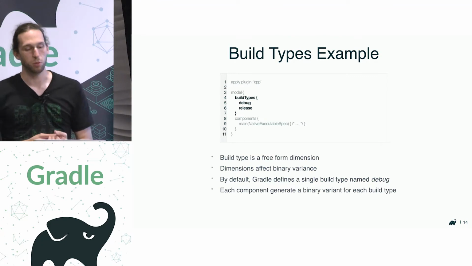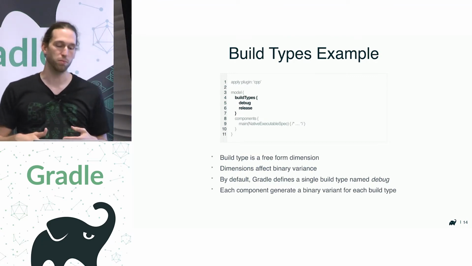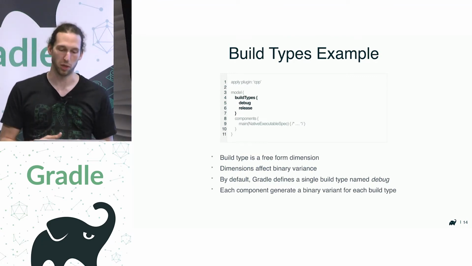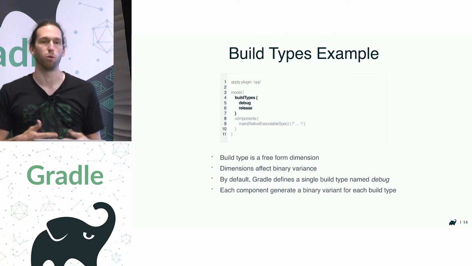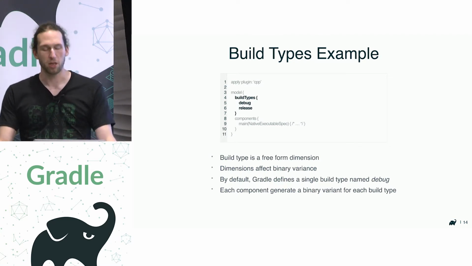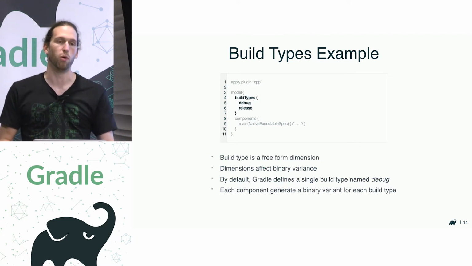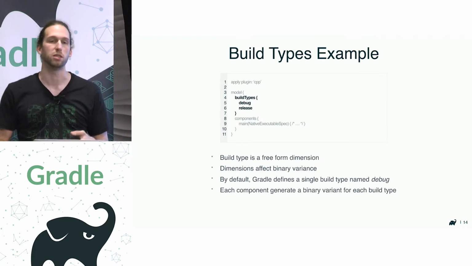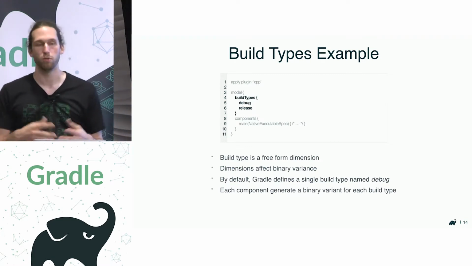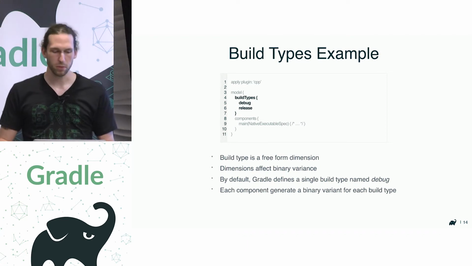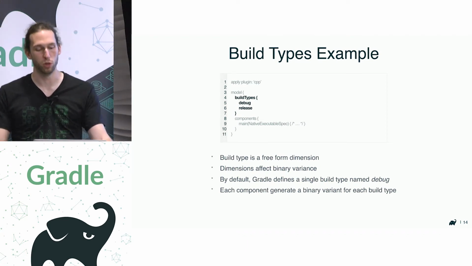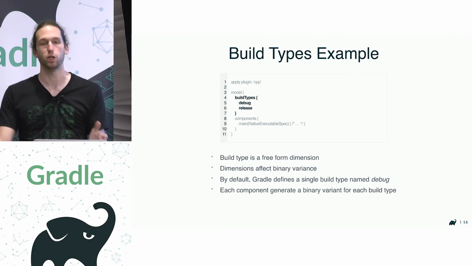The build type is what we call a free-form dimension. There's no real structure to it. You can define it for basically anything you want. But conventionally, we use it for debug, release, debug optimize, final, whatever you use in an organization. For each component we will generate a binary variant for each build type.